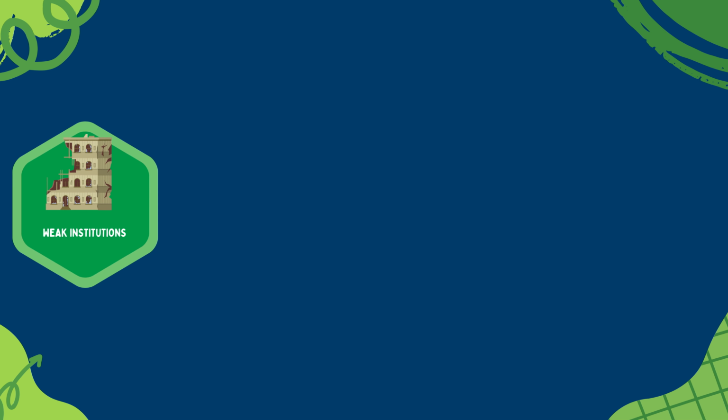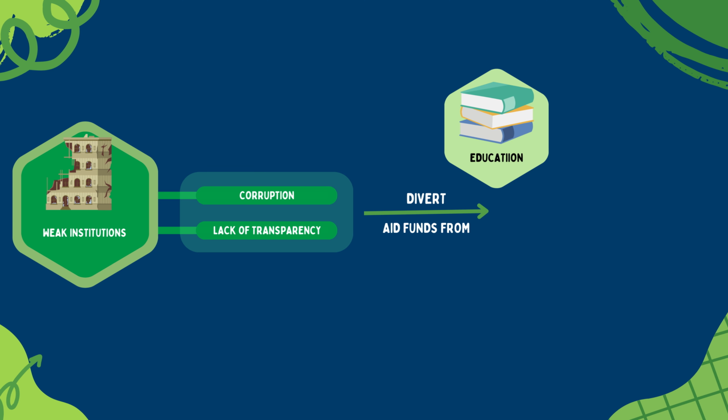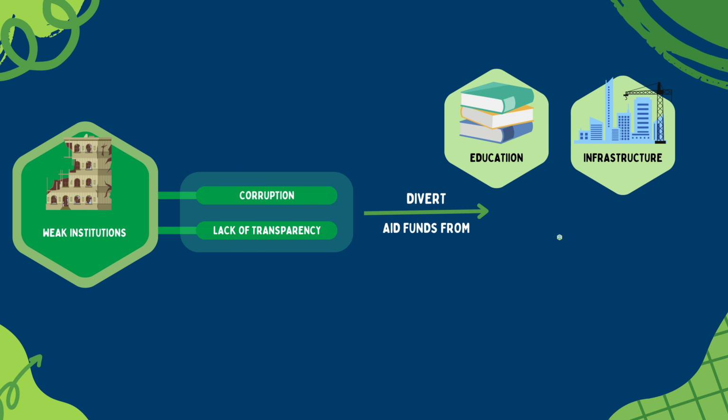But foreign aid often faces obstacles in achieving its desired impact due to weak institutional frameworks in recipient nations. These challenges make it difficult to manage and distribute aid resources effectively, resulting in hindered economic outcomes. Corruption and lack of transparency within governments divert aid funds away from crucial sectors like education, infrastructure, or even healthcare.